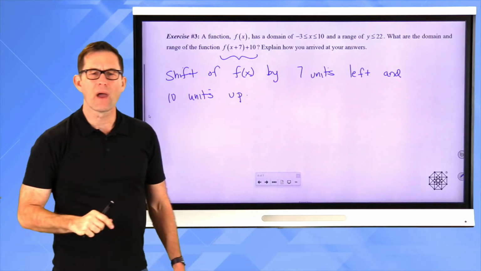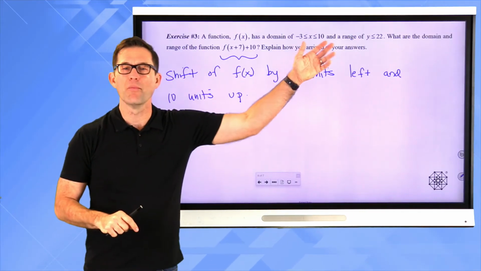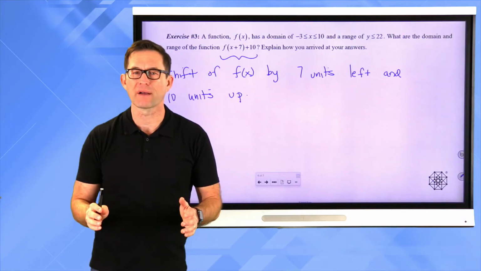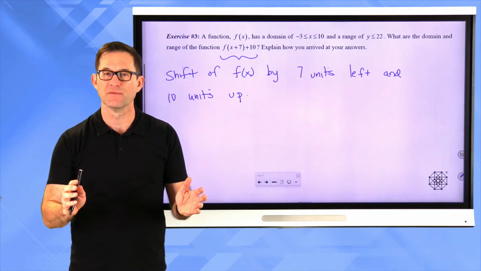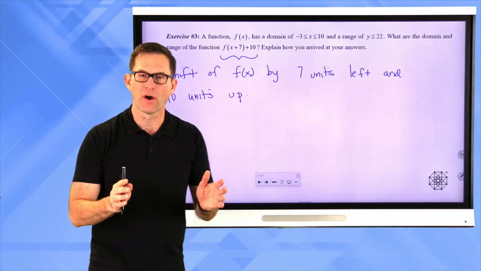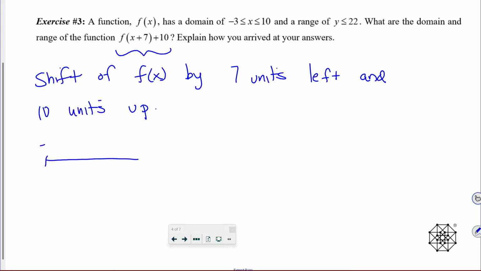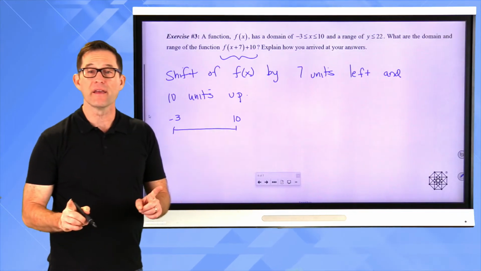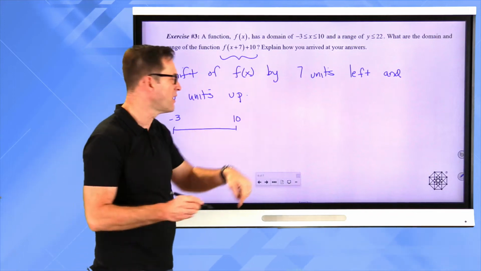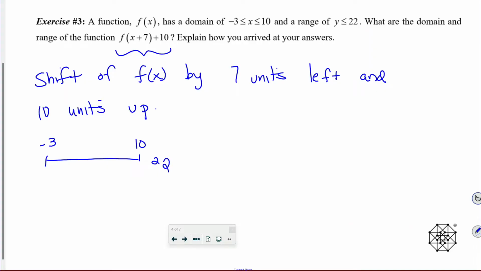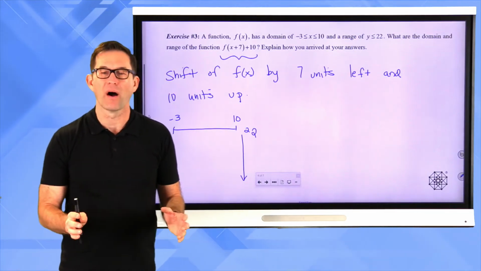Now, I always want you to think about the domain and range as being sort of a box within which the function lives. So the original function lives within this box that goes from negative 3 to 10 along the x-axis, and it goes from 22 on down on the y-axis. So it lives within that box.